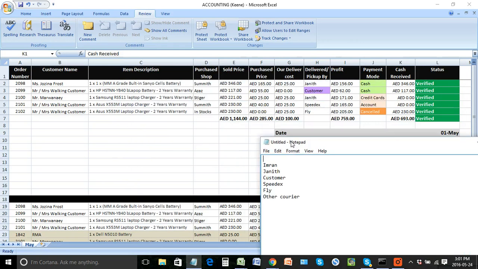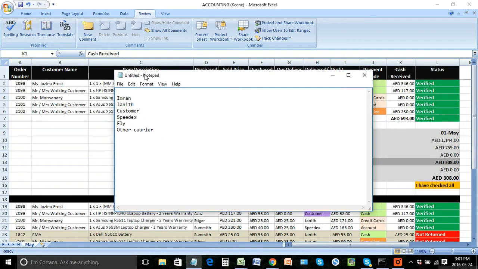So this is the way Janit is going to get cash. Janit will receive cash from several sources. If Janit delivered to the customer, obviously Janit collected the cash.